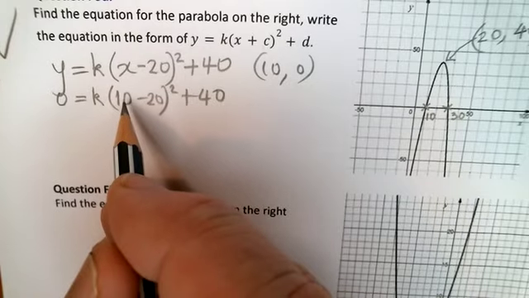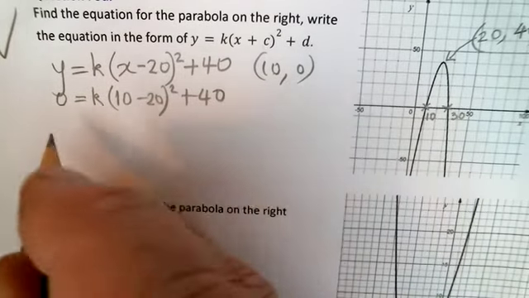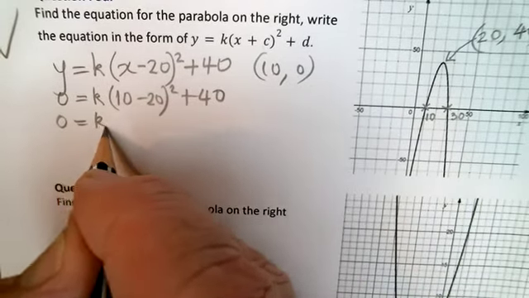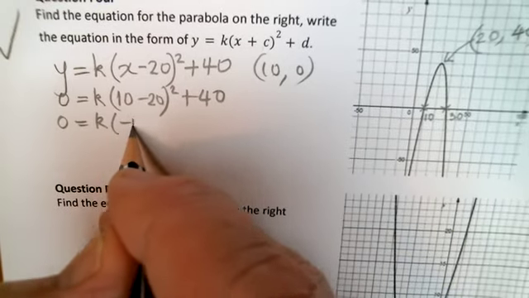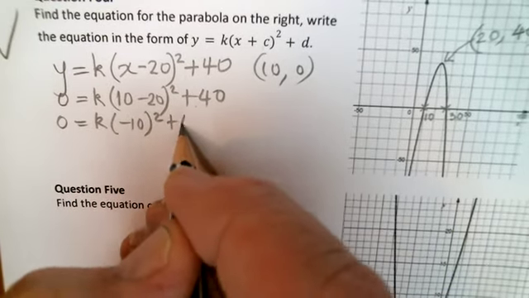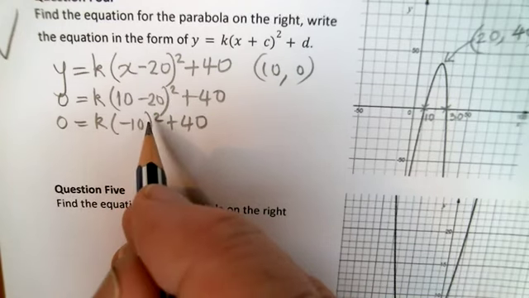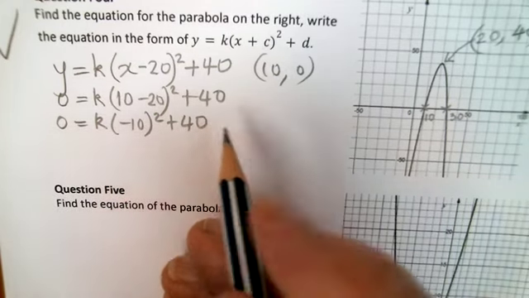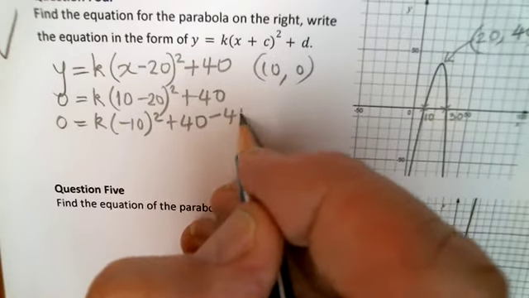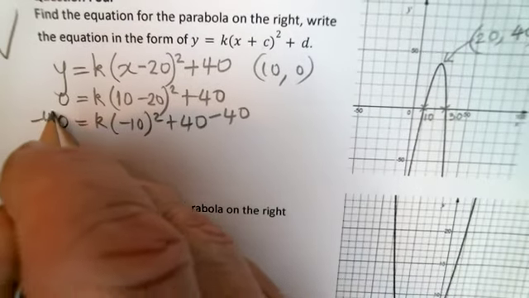So 0 is equal to a times 10 minus 20, which is negative 10, all squared, plus 40. Negative 10 squared is 100, so 100a plus 40. Let's subtract the 40 from both sides.